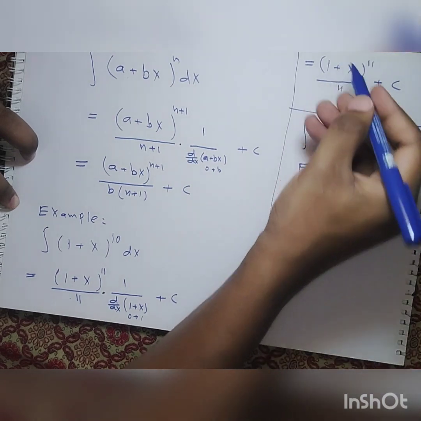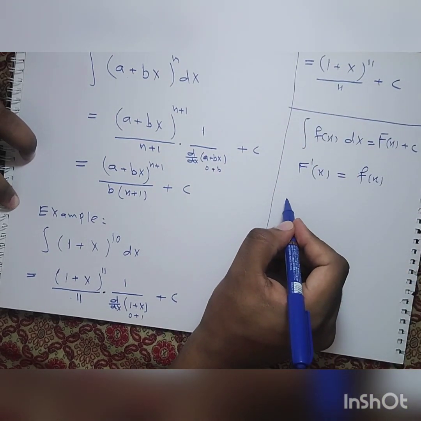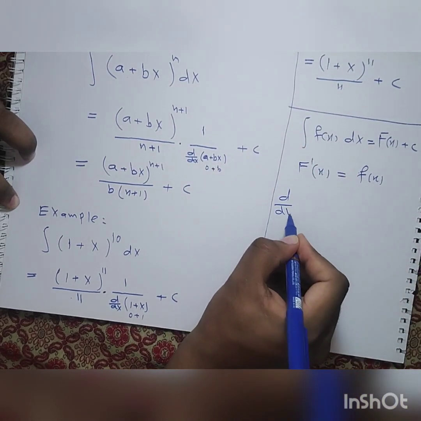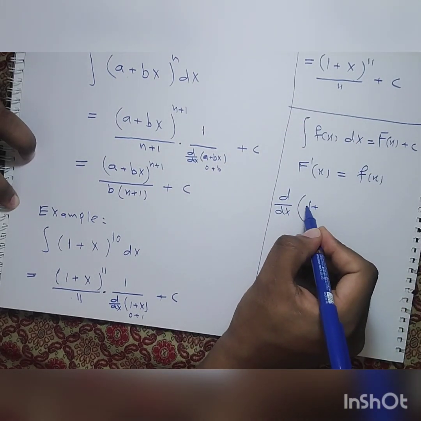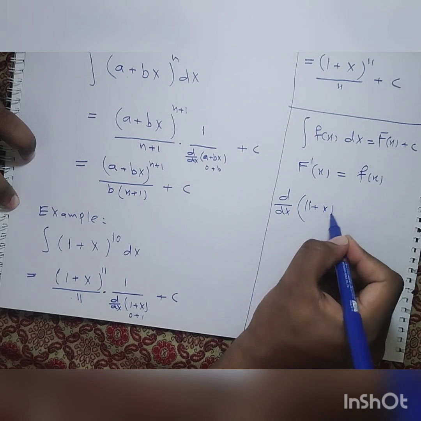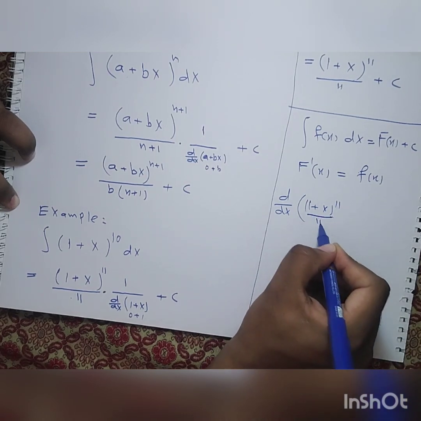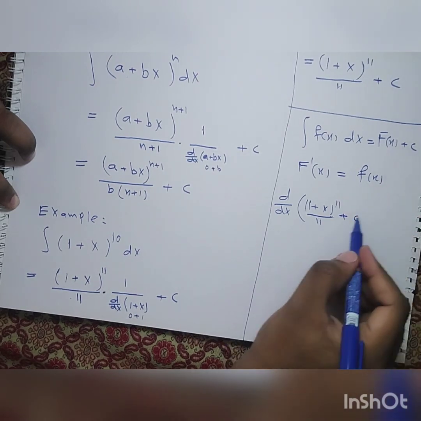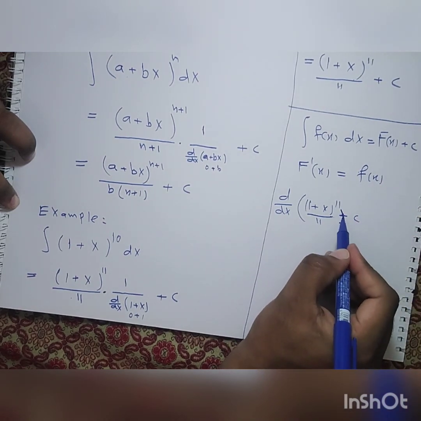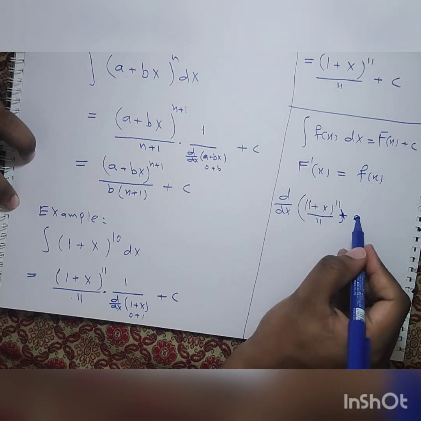So in this case, if we would like to test, we take the derivative of this function, so d by dx of (1 plus x) to the power 11 divided by 11. The plus a constant is not needed because it's already there. So if we take the derivative of this function, then what do we get?